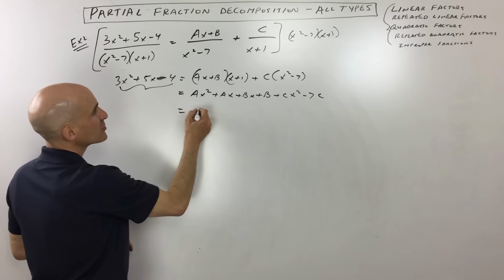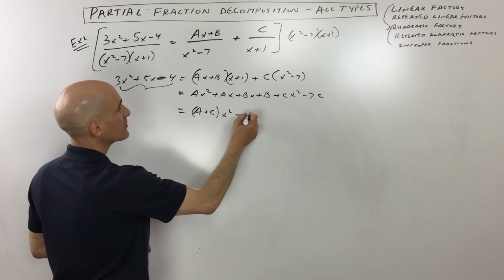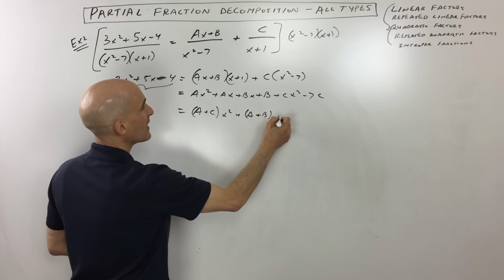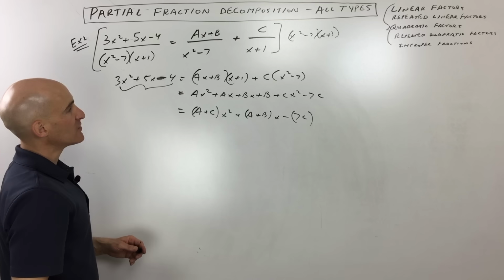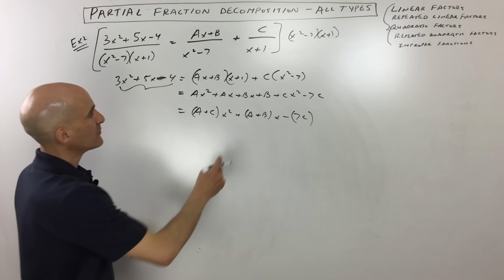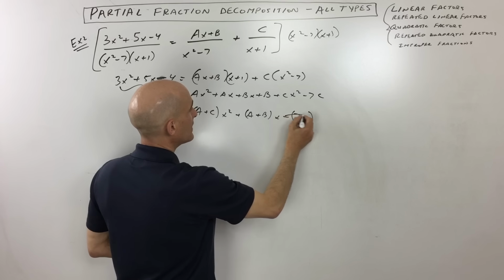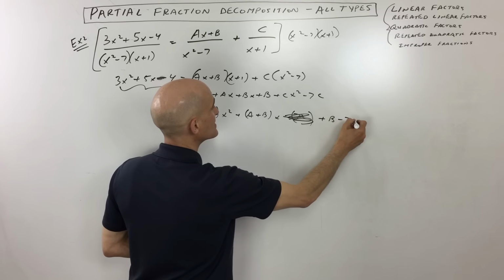If we collect like terms, we get (a plus c) times x squared plus (a plus b) times x, and then, oh, I forgot the b, didn't I? So plus b minus 7c.